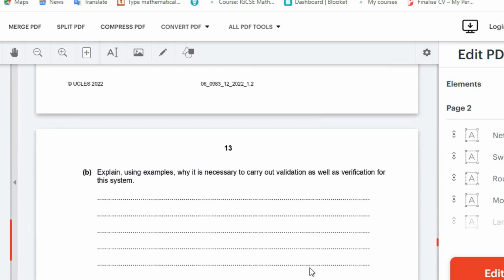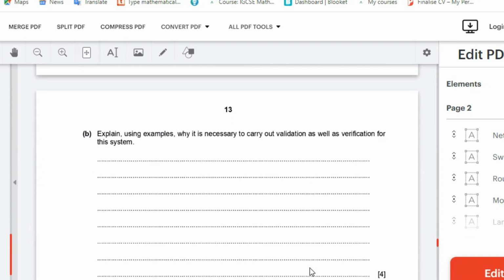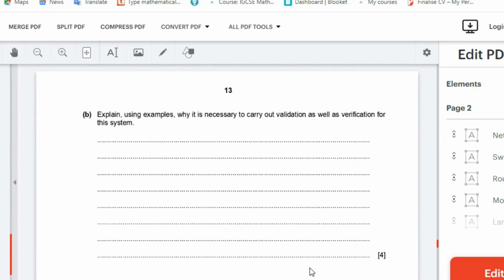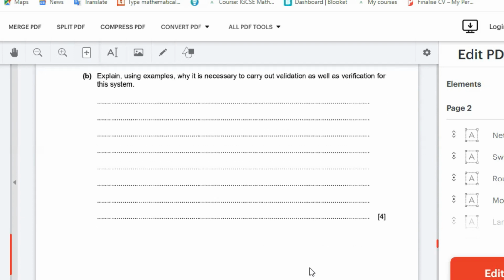Here we are told to explain using examples why it is necessary to carry out validation as well as verification for this system.